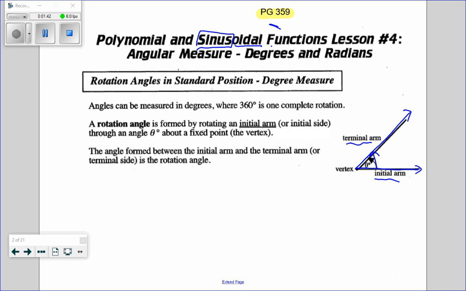It's just words, okay? So think of this on an XY grid. Your initial arm is always going to be the x-axis. And let's say you draw in 60 degrees. This is what we call the terminal arm.